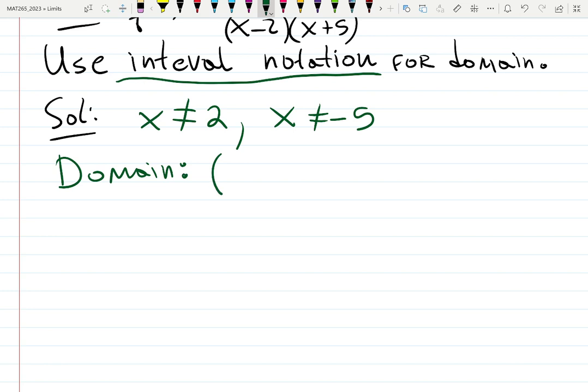Oh, let me ask you, who wants to figure this out? I like people at the back. Negative infinity, I heard you, yes? Negative 5, close open parenthesis, yes. The U means union, amazing.